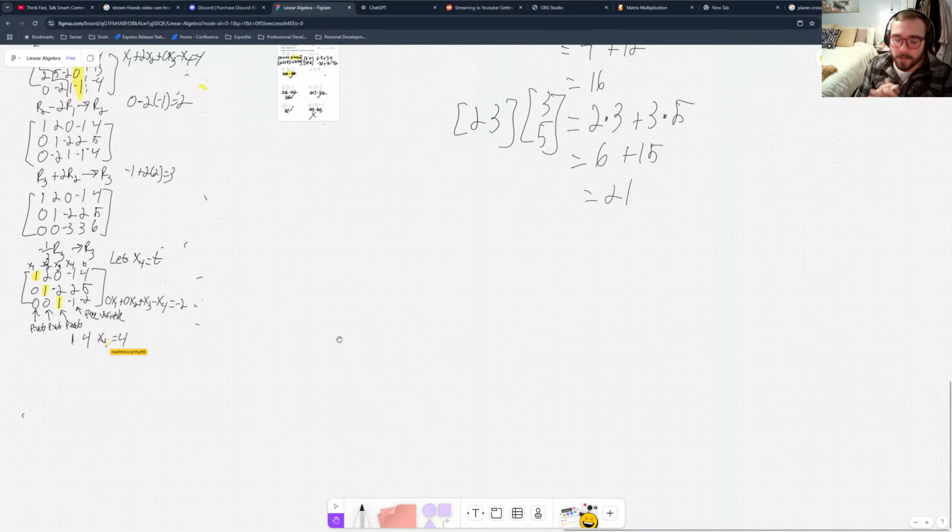Previously when there was one solution, we'd have just a number for every variable. So x1 would be a number, x2 would be a number, x3 would be a number, and x4 would be a number, right? But now we have this free variable. So each solution is going to be some constant plus the t part. I'll show you what I mean.